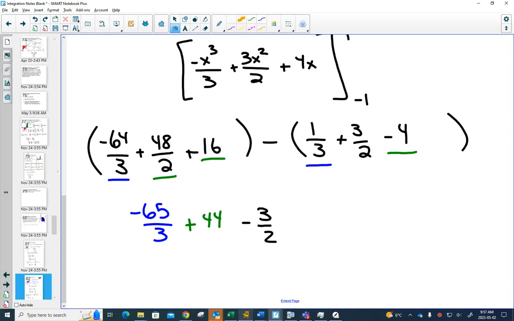At least I put common things together first. Now I would have to get a common denominator of 6. So we would have negative 130 over 6 plus 264 over 6 minus 9 over 6.